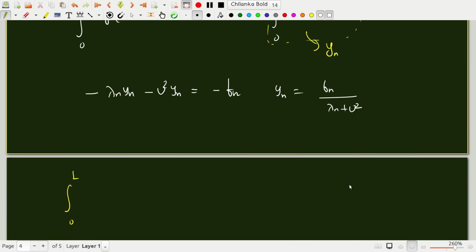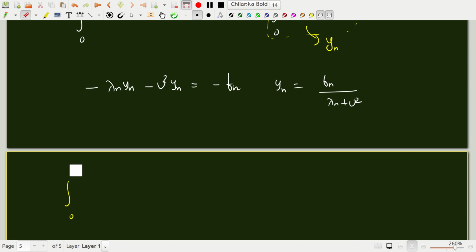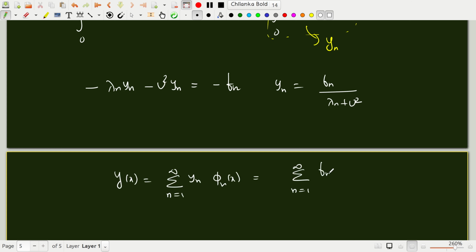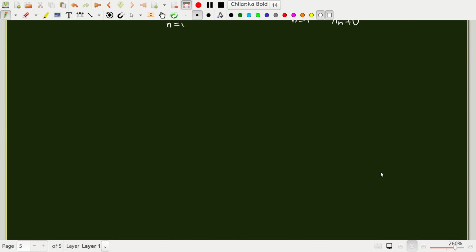Therefore y of x is nothing but summation n is equal to 1 to infinity yn phi n of x. That's nothing but summation n is equal to 1 to infinity fn by lambda n plus u squared times phi n of x.